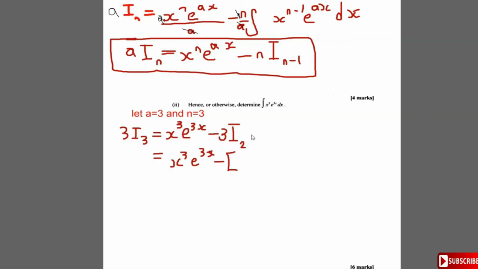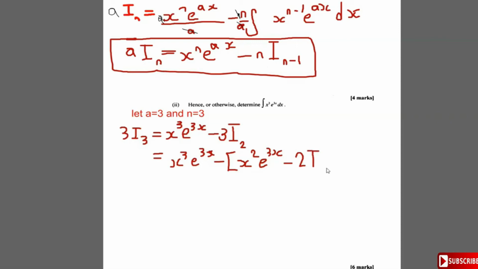Changing into 2 in this formula, it is just going to be x squared e to the 3x minus n is now 2, so it's 2 times. They will change this to 2 minus 1, which is just I1.